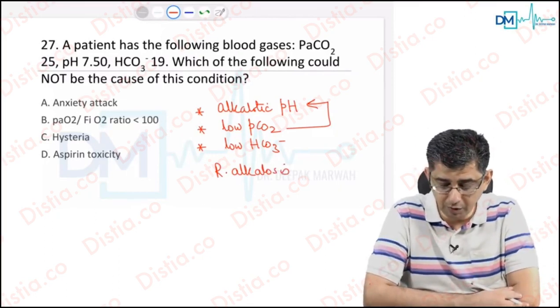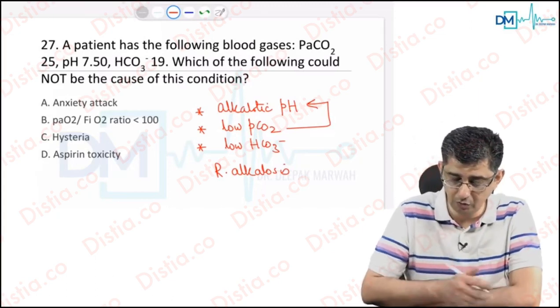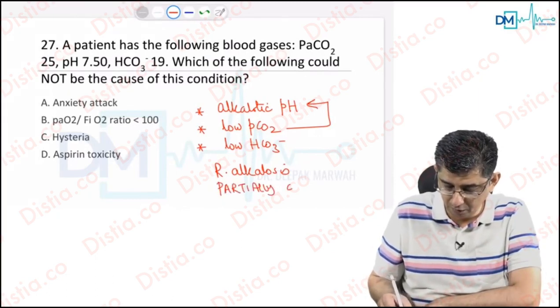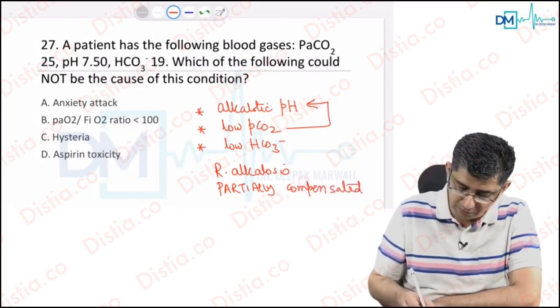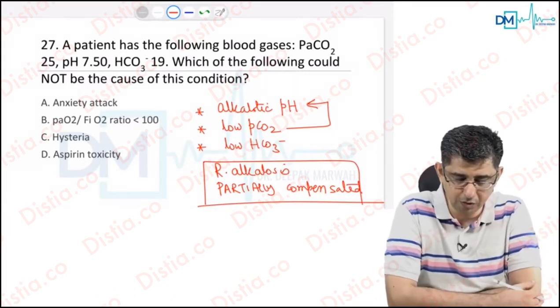The compensation of respiratory alkalosis is metabolic acidosis. That is why in this patient bicarbonate is low. So this particular chap is having a partially compensated respiratory alkalosis. The question says, which of the following could not be a cause of this condition?